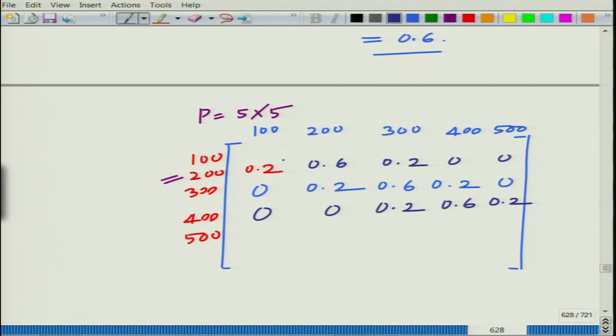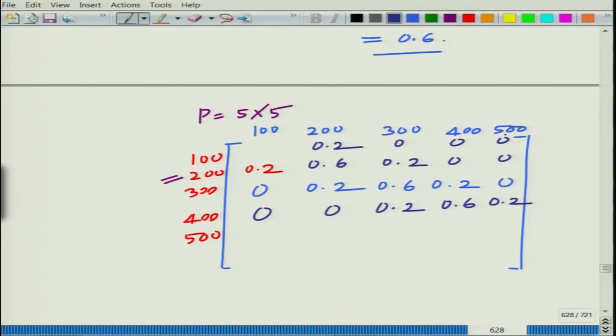Now, these are the interesting cases, what about 100 and 500? At 100, it can go to 200, but it cannot fall to 0, remember that is not one of our states. So all the other probabilities are 0 and the accumulated mass comes into 100, that is, this becomes 0.8, which is 1 minus 0.2, because the sum of each row has to be 1.